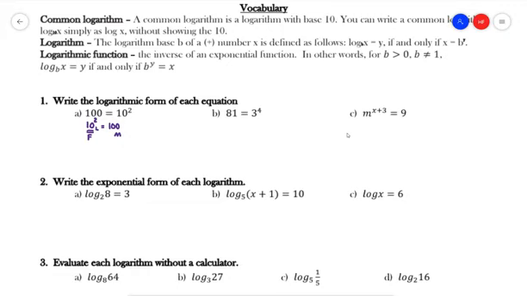So just make sure that you have base, exponent equals a number. That's the order you want it to be in. So we would have log base 10 of 100 equals 2.